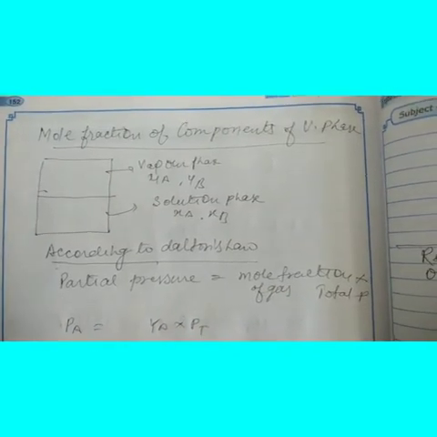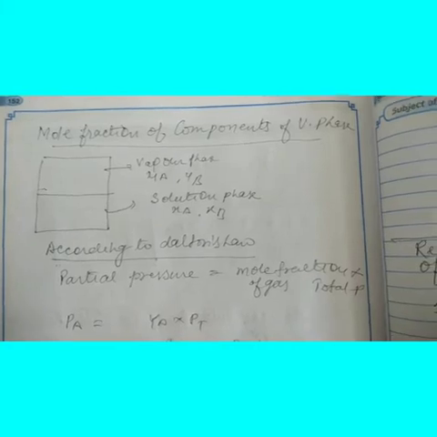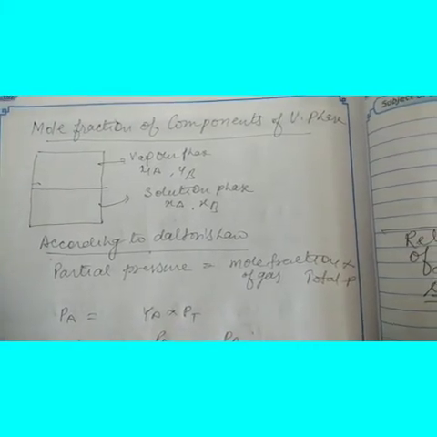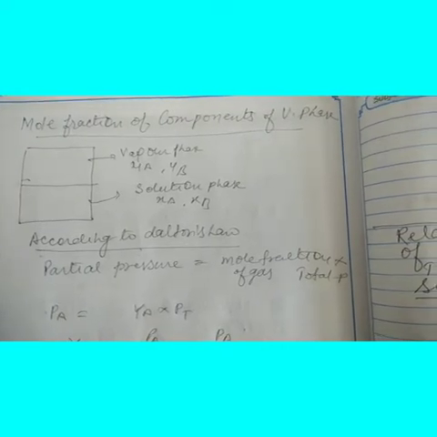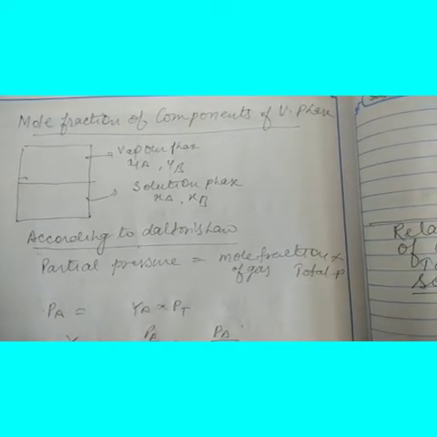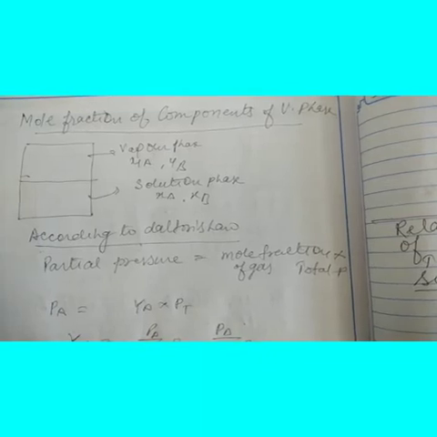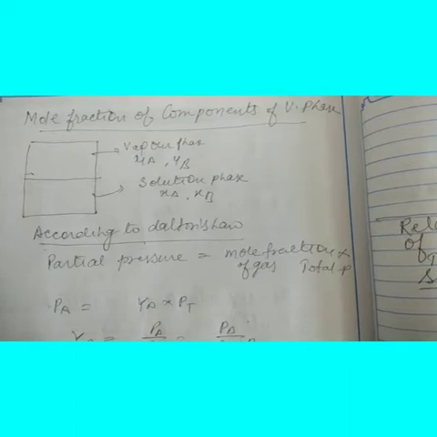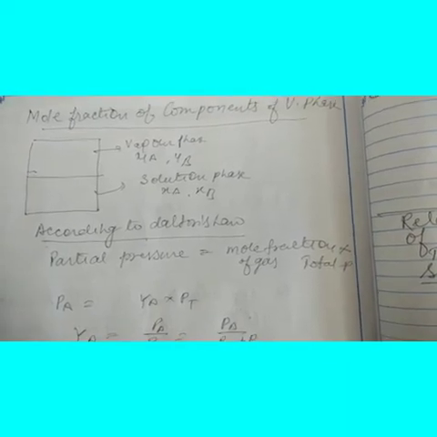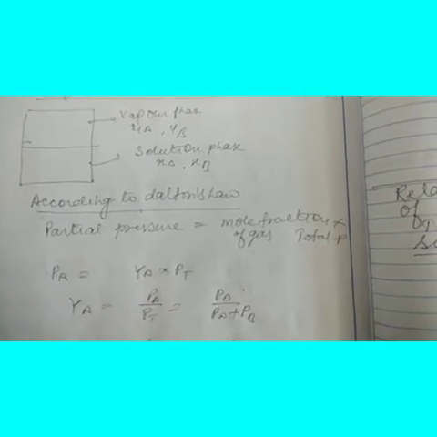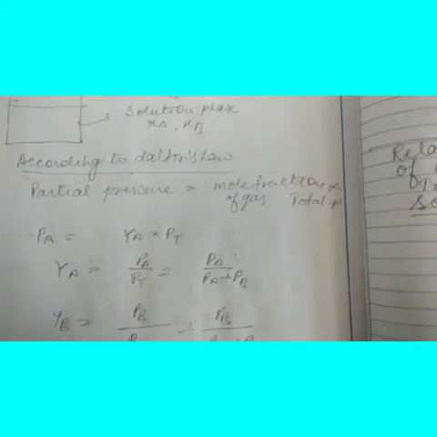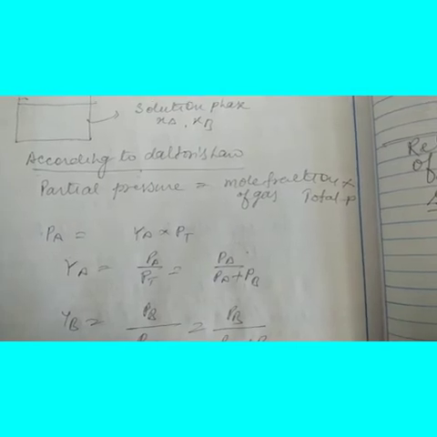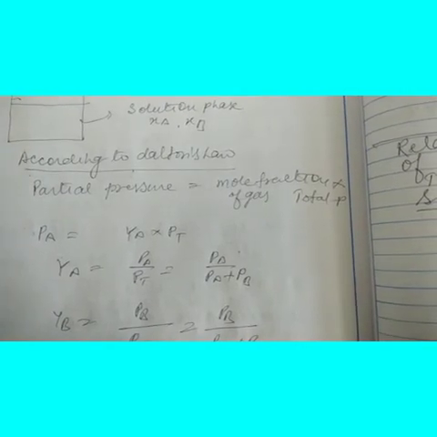Now the next heading is mole fraction of components in the vapor phase. Here we take two phases. In the solution phase, the mole fractions of A and B are XA and XB, in the liquid phase. And in the vapor phase, they are YA and YB. According to Dalton's law of partial pressure, the partial pressure of a gas in the vapor phase is equal to its mole fraction into the total pressure.